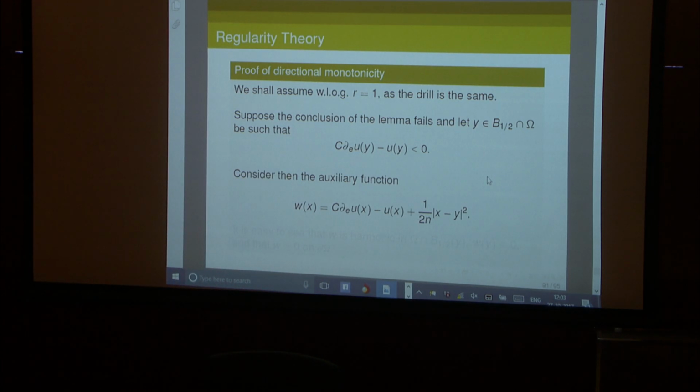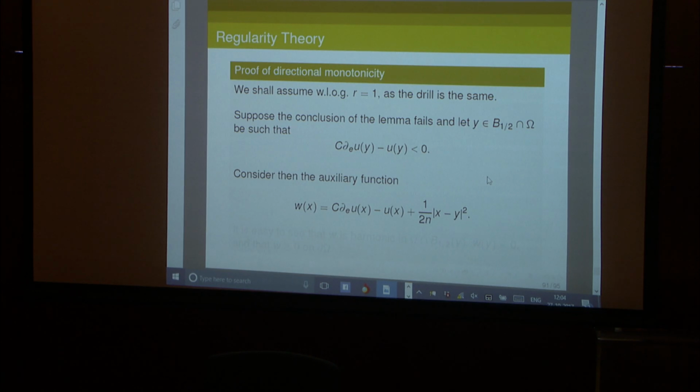And in the ball of radius 1/2 here, y is here. This is the center. Something like this. Maybe I go with the free boundary. If this function is negative here, and it's harmonic inside where everything is, then the minimum of this function has to be less than or equal to 0.